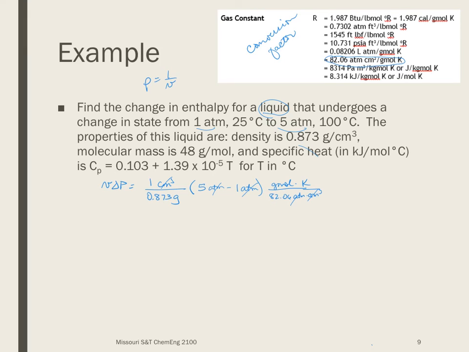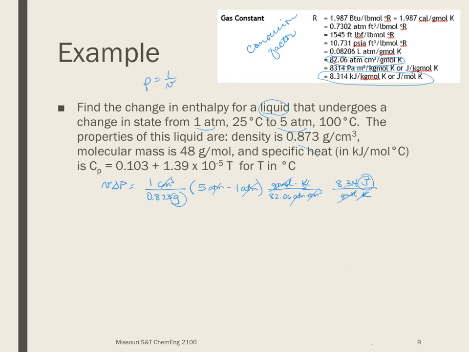So, not a problem. Where do I have one that has joules, gram moles and Kelvin? How about let's use this one right here, 8.314 joules per gram mole Kelvin. Gram moles cancel, Kelvins cancel.